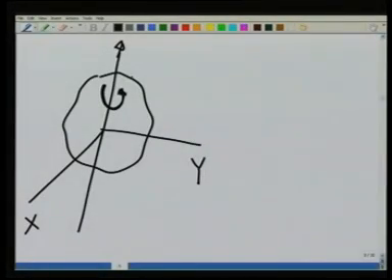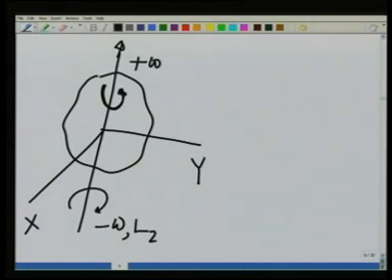I will take the right hand rule, that is, if I point my thumb in the direction of the axis, the direction of the fingers curling gives me the positive direction of omega and L, and the other way is going to be negative. So, this way is going to be positive omega and the other way is going to be negative omega. Same thing with Lz.